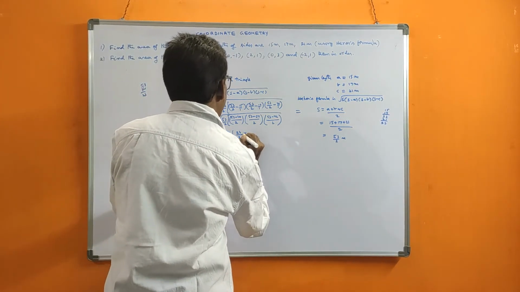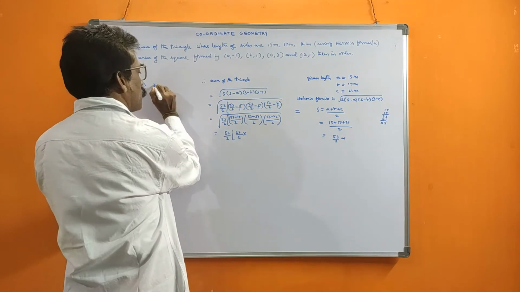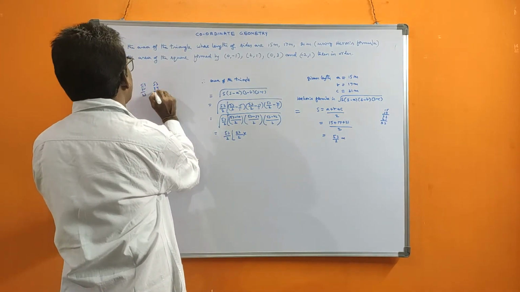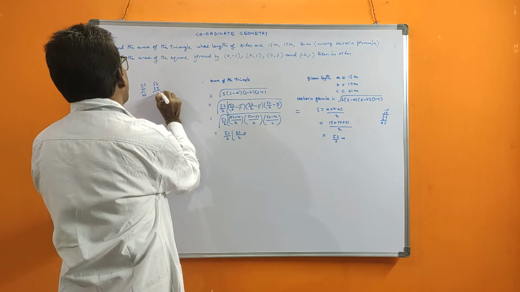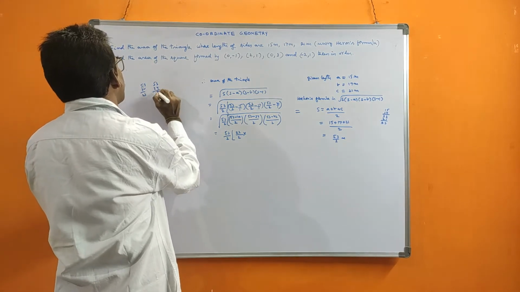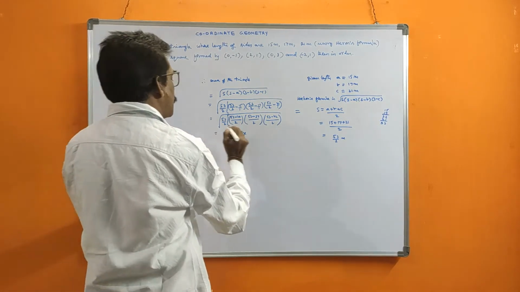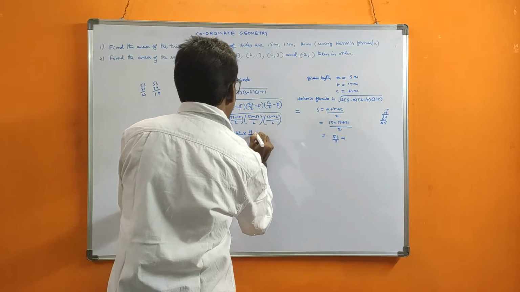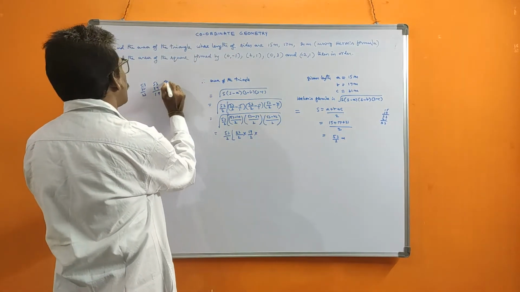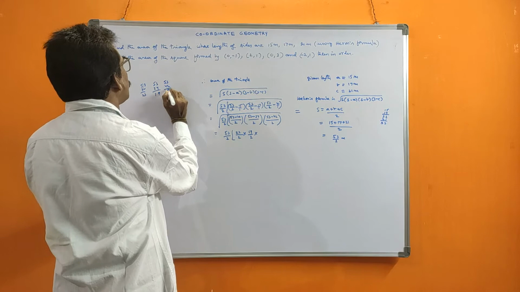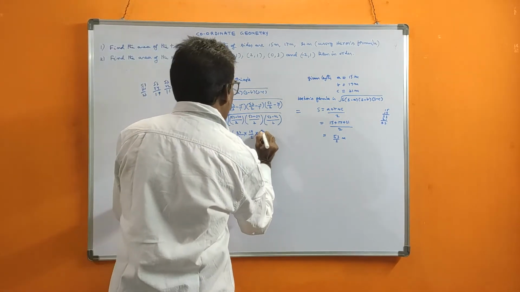23 by 2 into 53 is 34. 19 by 2 into 53 is 42, and 11 by 2.